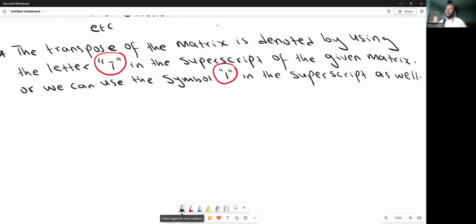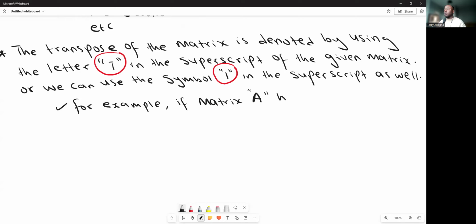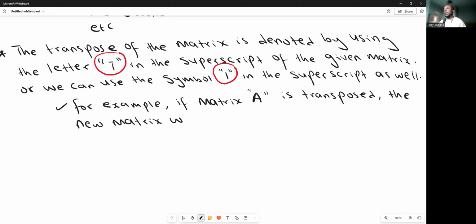So let me give an example now. For example, if a matrix A, let's assume a particular matrix A, is transposed, the new matrix will be represented as A superscript T, or you can write it as A prime.